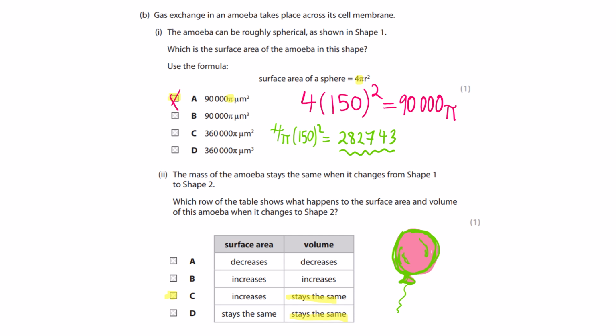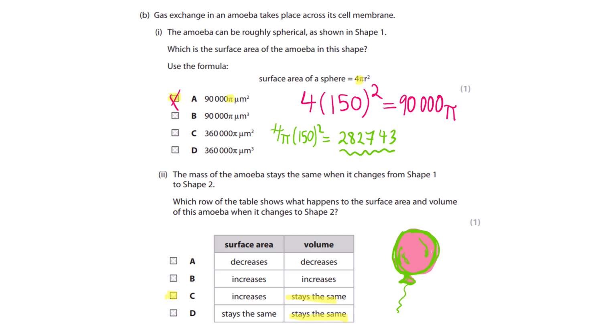Okay, so gas exchange in amoeba takes place across its cell membrane. The amoeba can be roughly spherical, as shown in shape 1. What is the surface area for the amoeba in this shape? Use the formula surface area equals 4 pi r squared.